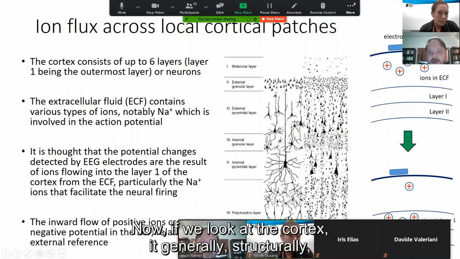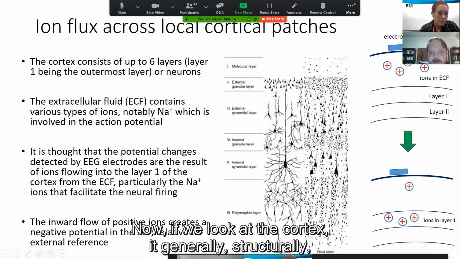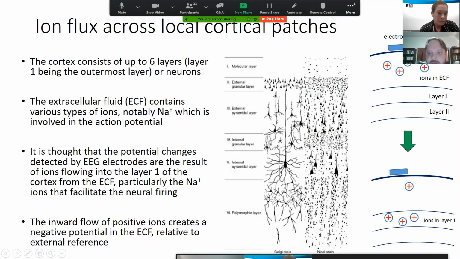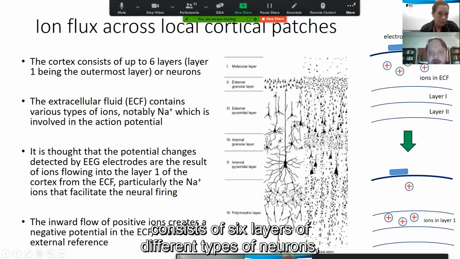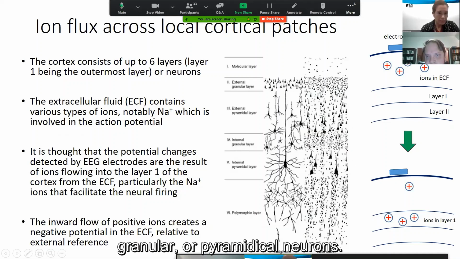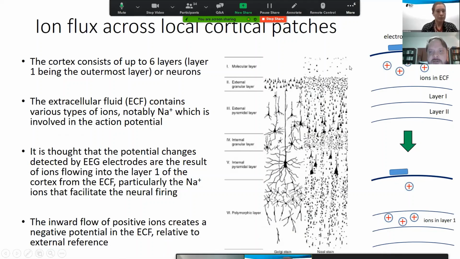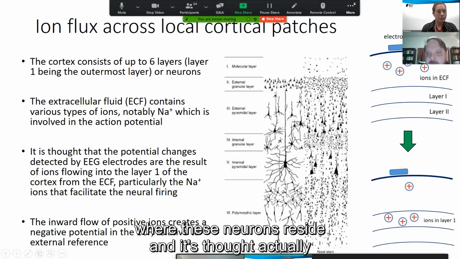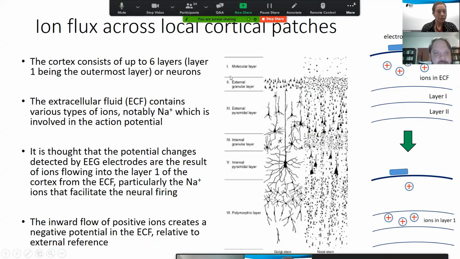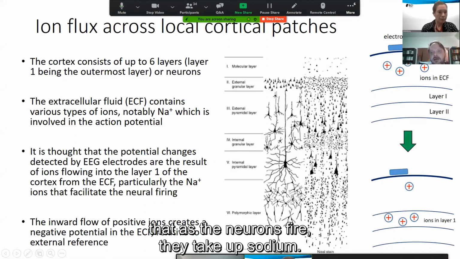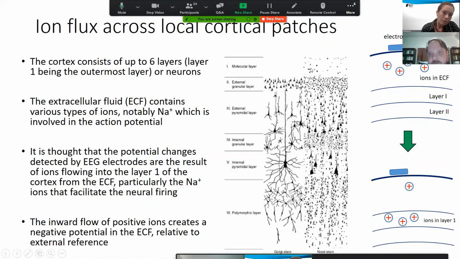Now, if we look at the cortex, it generally structurally consists of six layers of different types of neurons, granular or pyramidal neurons. And then there's extracellular fluid, an ion bath, where these neurons reside. And it's thought that as the neurons fire, they take up sodium.